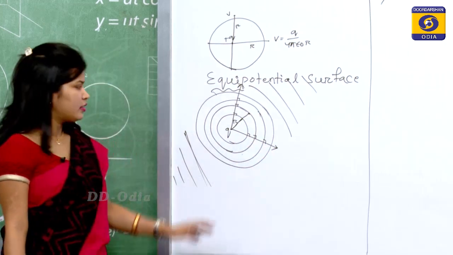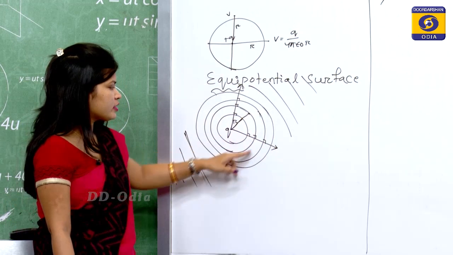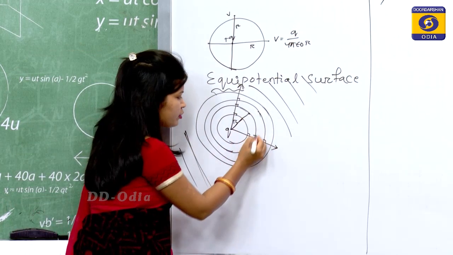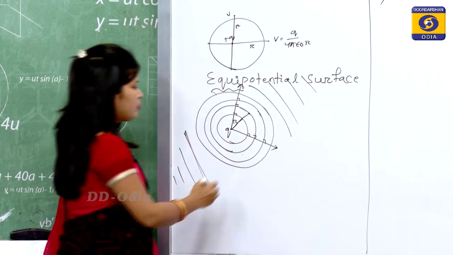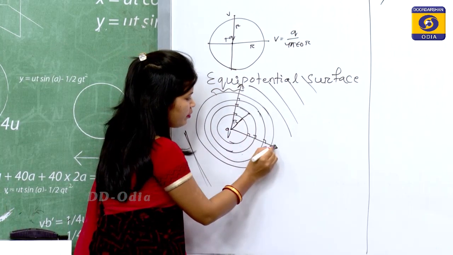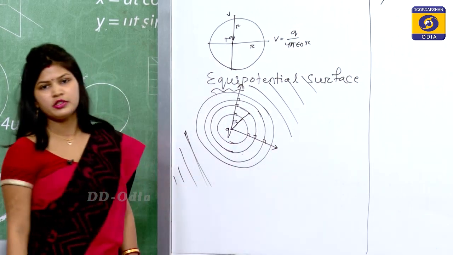That means the electric field and the equipotential surfaces are at right angles to each other. That is an important point. We must remember that the direction of electric field and the equipotential surface are always at right angles to each other.